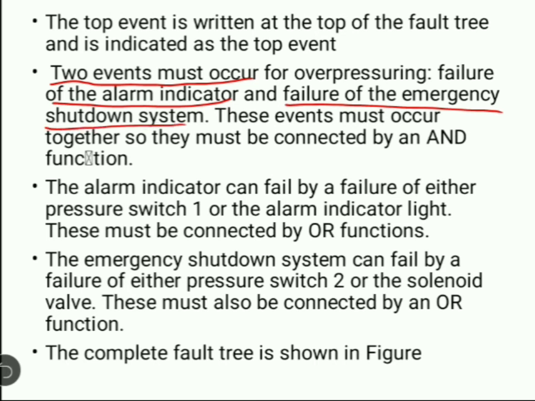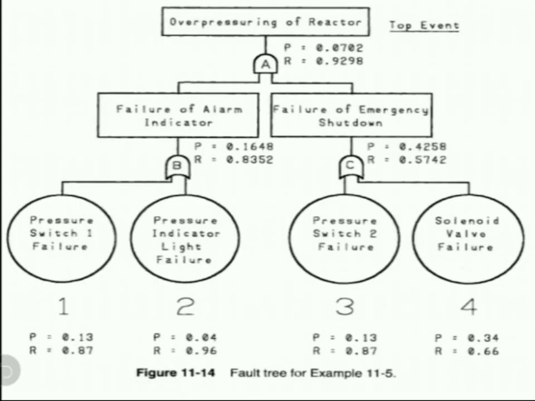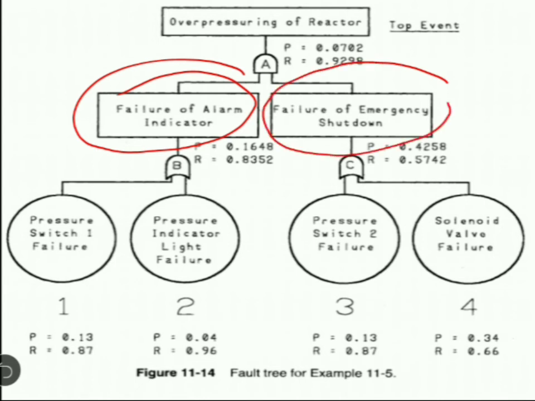These are the two reasons for the top event to occur. These events must occur together, so they must be connected by the AND function. They are parallel, so we use an AND function.